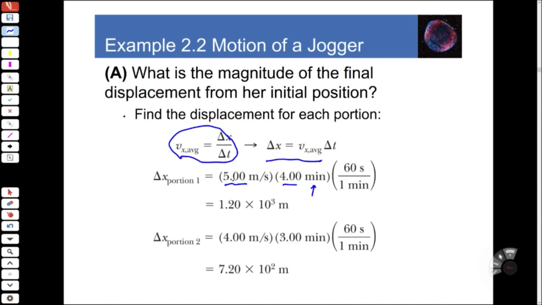So the result is this one, and the second motion was moving at 4 meters per second times 3 minutes, so the displacement should sum up to this. With significant figures, this one is 1200 and this is 720, so it should give you 1.992, only we have meters, times, I'm sorry, times 10 to the 3 meters.